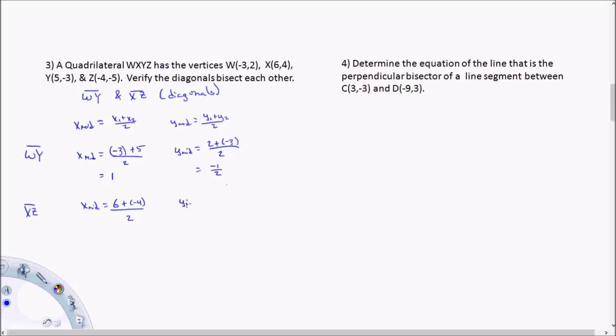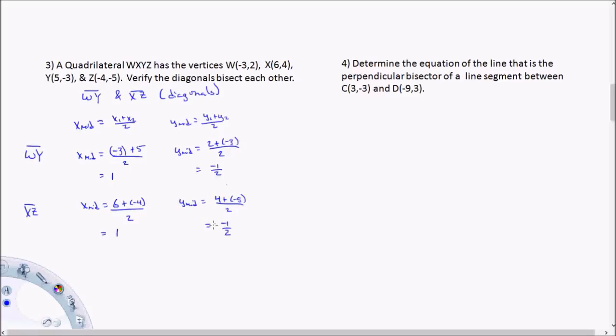And the Y midpoint would be the average of the Y coordinates of our two data points, 4 and -5, so 4 plus -5 over 2. And we have 6 plus -4, that's the same as 6 minus 4, which is 2. 2 over 2 is 1. And over here, 4 plus -5 is the same as 4 minus 5, which is -1/2.